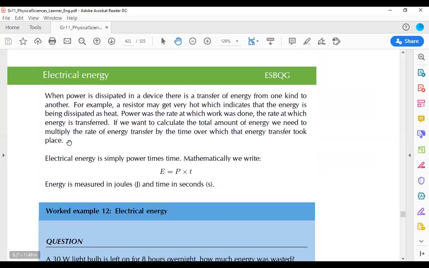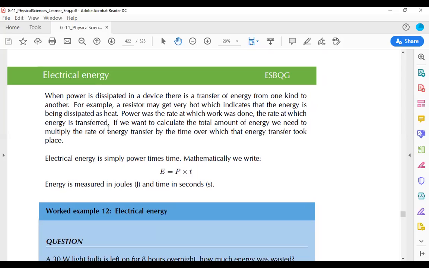Another example, a resistor may be very hot, which indicates that the energy being dissipated is heat. Power is the rate at which work is done and the rate at which energy is transferred.